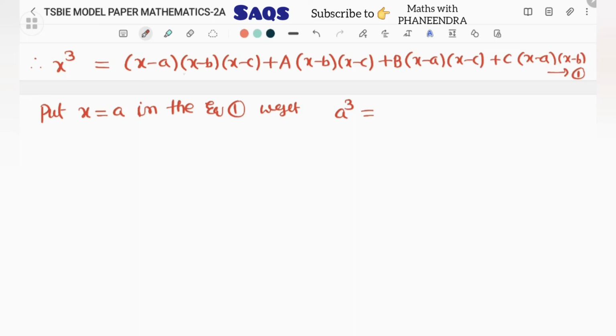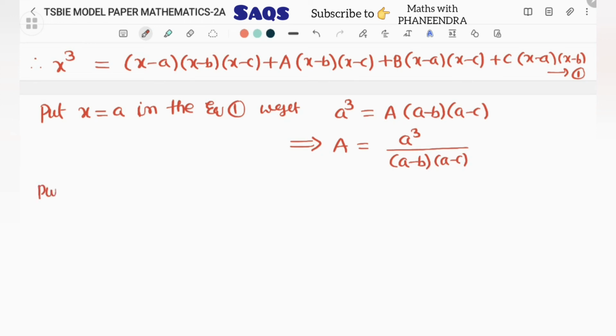In the first term, if you substitute x equal to a, the term goes to 0, and in the B and C terms also, except the second term. So capital A into (a minus b)(a minus c) implies that capital A is equal to a cube by (a minus b)(a minus c).